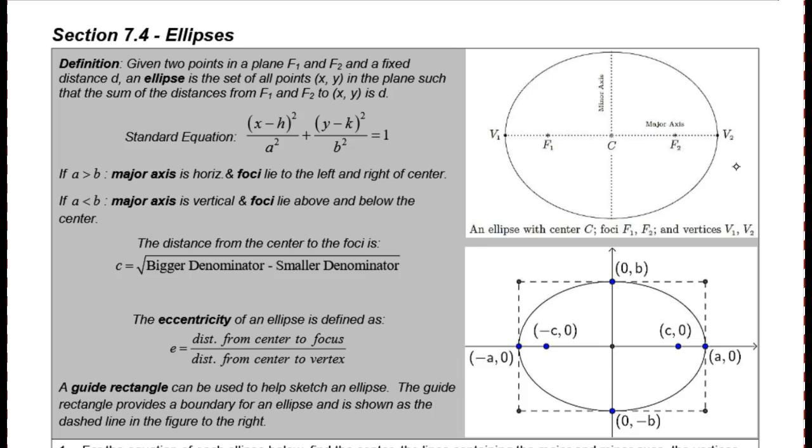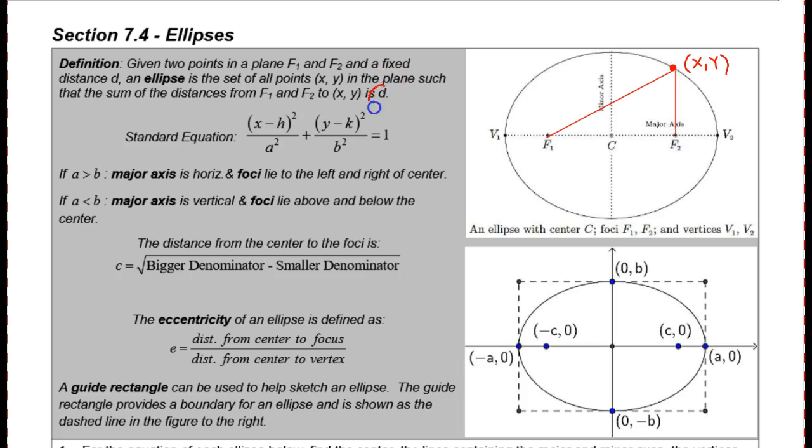Let me go ahead and highlight a couple things. First of all, the definition. The definition says that for any point on the ellipse, let's just pick a point there and we'll call it x comma y, the sum of the distances from that point to each of these fixed points is a constant.